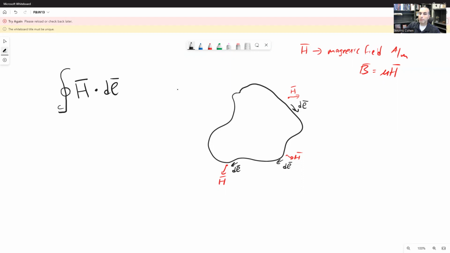If we walk around this path and sum up all those little contributions of H dot dl, or the component of the magnetic field that's in the direction of the path, that's going to be equal to the total current that is enclosed, right? So we're going to add up all of the little bits of current that's inside of this area, and that total current is going to equal I.